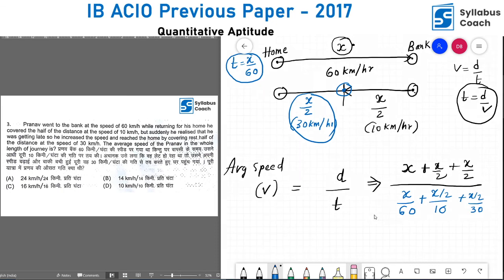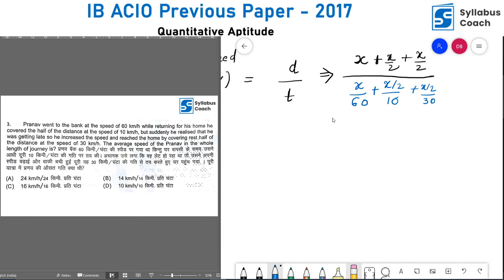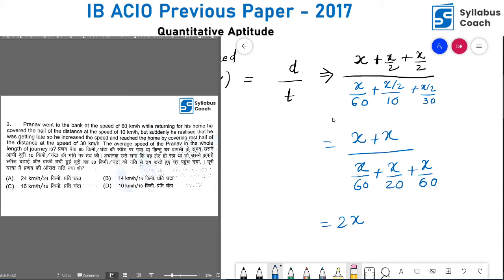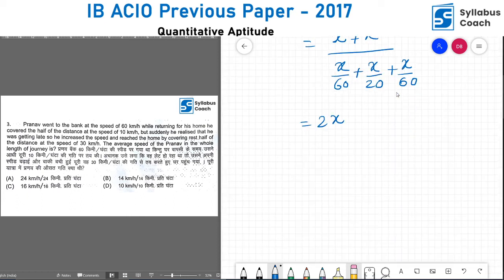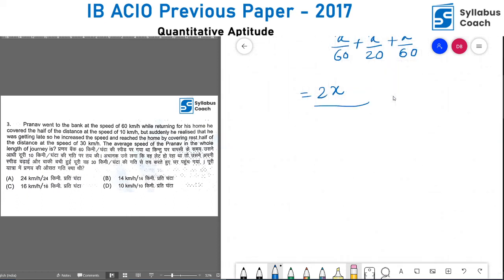Let's try to complete this: x plus x by 2 plus x by 2 is nothing but x plus x, divided by x by 60 plus x by 20 plus x by 60. Are you clear, students? The numerator becomes 2x, right? 2x divided by x by 60 plus x by 60 becomes 2x by 60, plus x by 20, right?